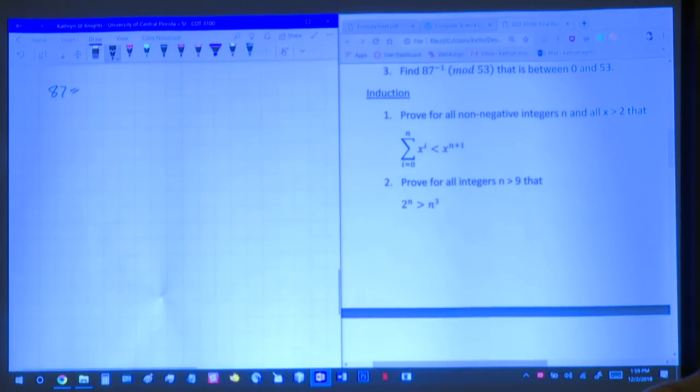Okay. 87 equals 1 times 53 plus 34. Then 53 equals 1 times 34 plus 19. 34 equals 1 times 19 plus 15.